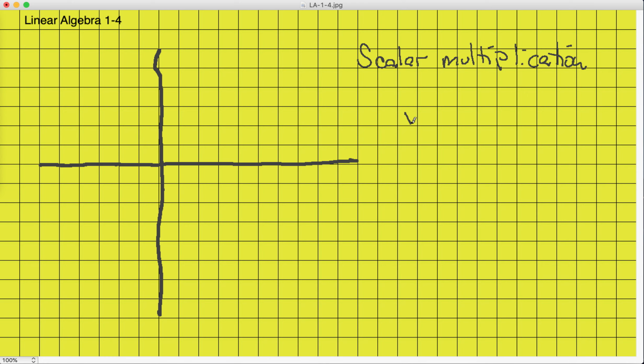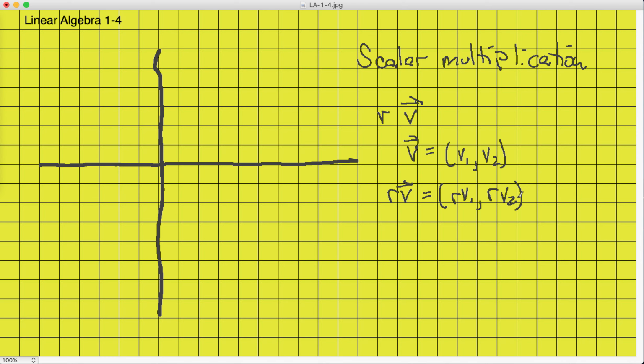If I have some vector v and I have some real number r, I can multiply them together. Basically, if v is equal to v1 comma v2, and then I want to talk about rv, that would just be equal to rv1 comma rv2.